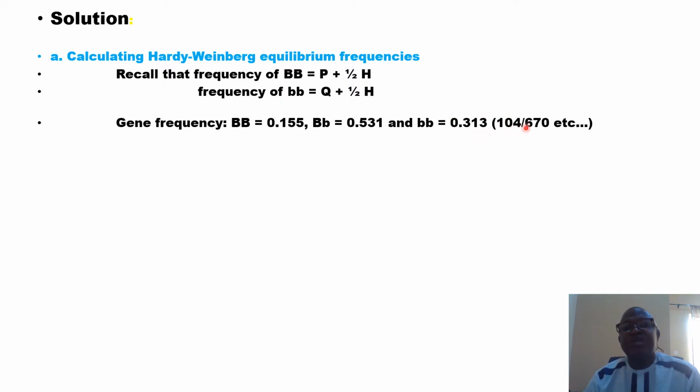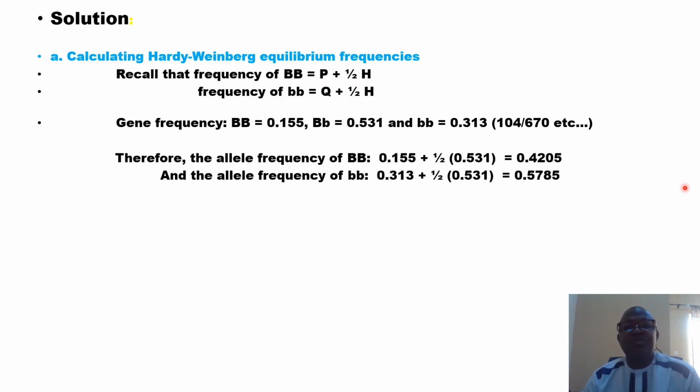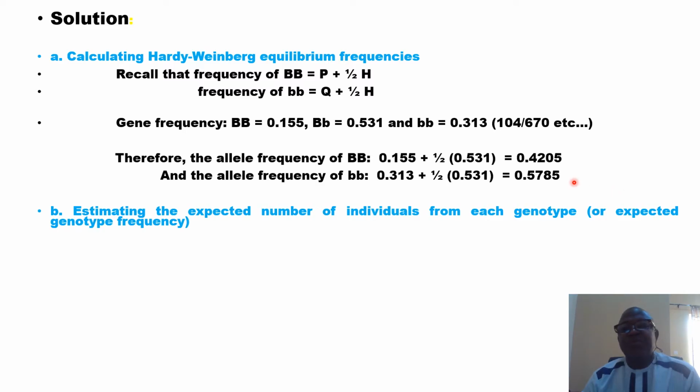By the number of individuals divided by the total number of people that were sampled. Therefore, the allele frequency for capital B will be 0.155 plus half of 0.531, which gives 0.4205. For small b, 0.313 plus half of 0.531 gives us 0.5785. If we add all this, it sums up to 1. So we have calculated the Hardy-Weinberg equilibrium frequencies.